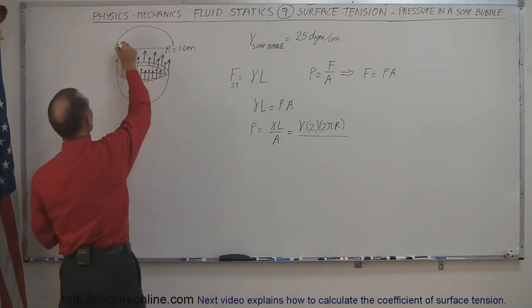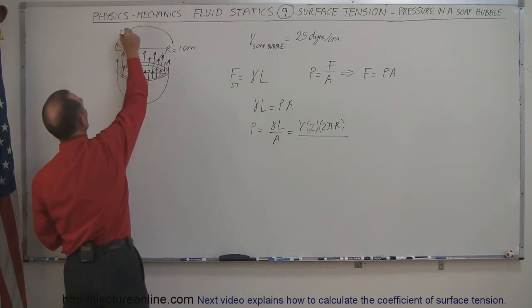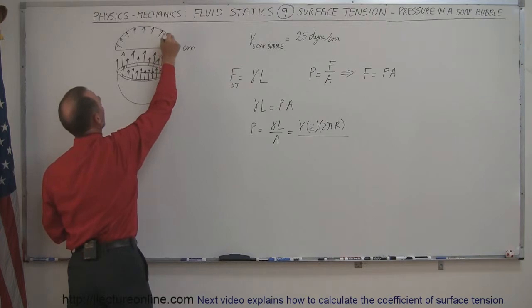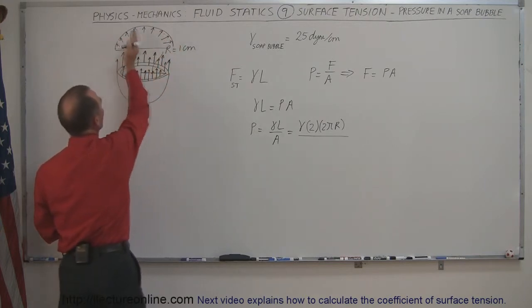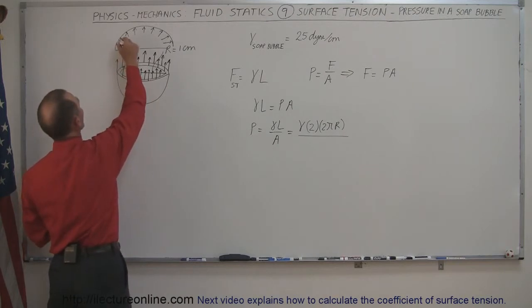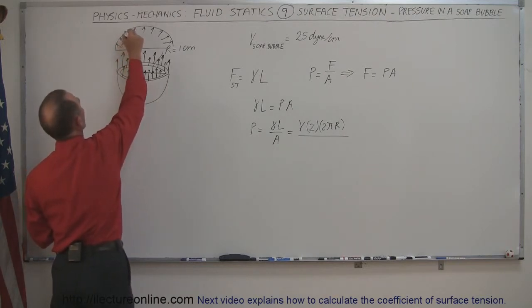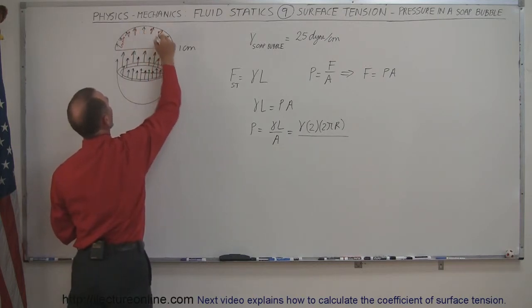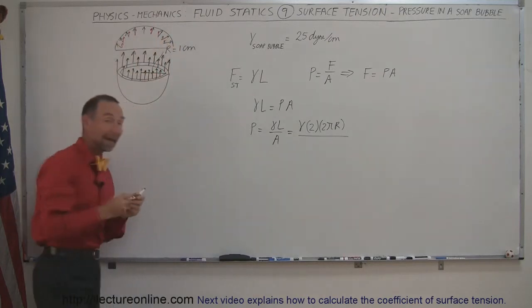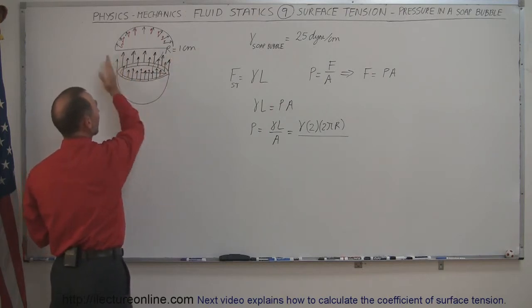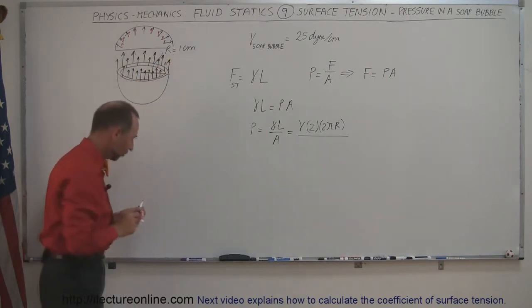So what we want to show is that the pressure acts perpendicular to the surface everywhere inside the bubble, but in this case only the vertical components of these pressure vectors matter, because they are in the same direction as the forces caused by the surface tension.